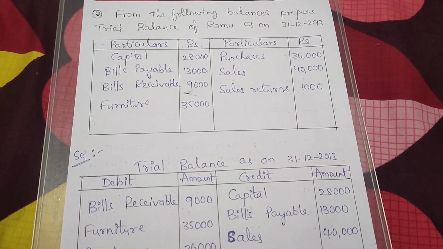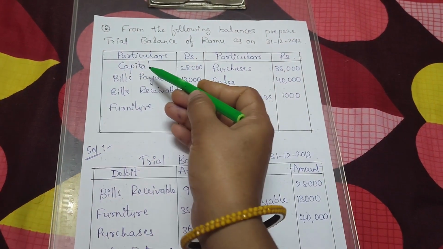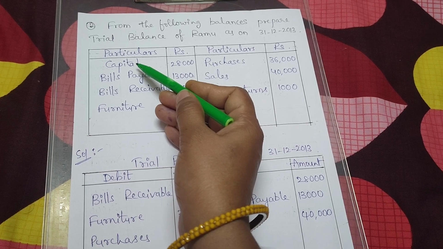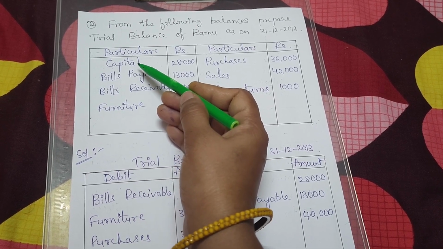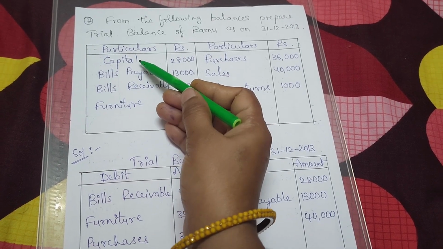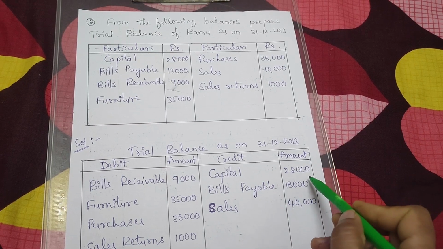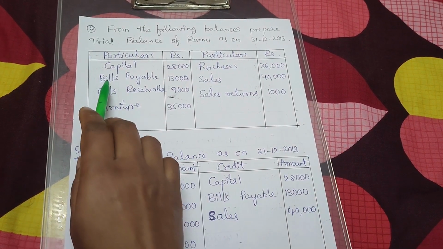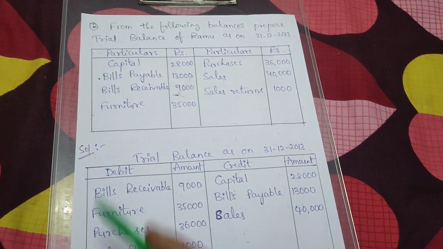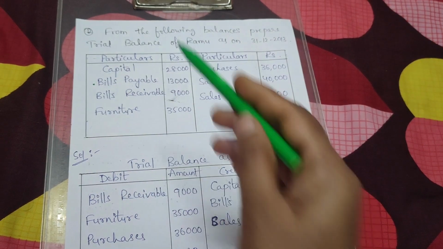Okay, so let us see. Here the first item is capital. It is given in the rule itself. Capital should be credited, so capital is recorded under credit, 28,000. Next, bills payable. Bills payable is a liability, so according to our rule it should be credited.